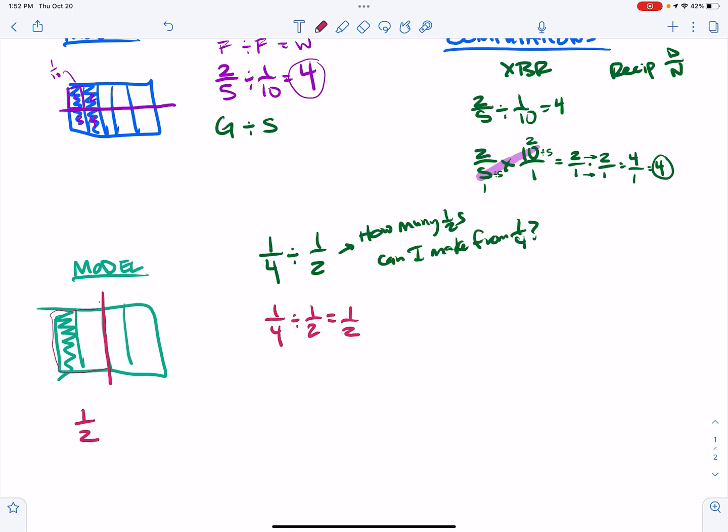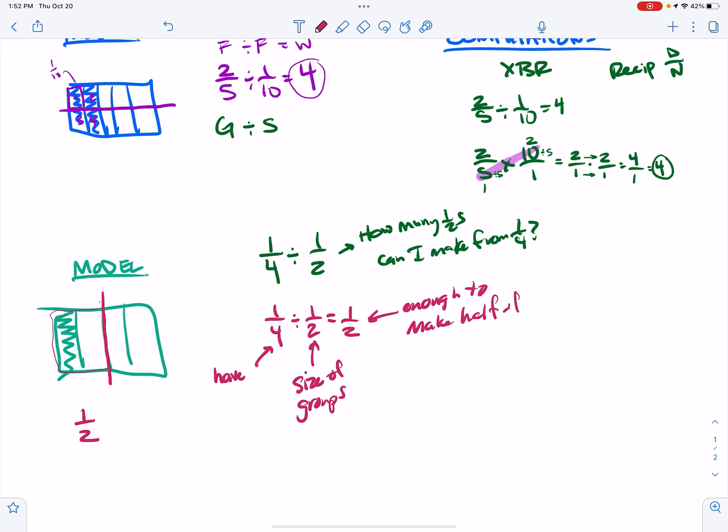It does seem a little bit wild, but this is the size of my groups. I don't even have enough to make one entire group. I only have enough to make half of a group. So that does seem a little bit wild, but you know what? Here we are. This is the life we live.